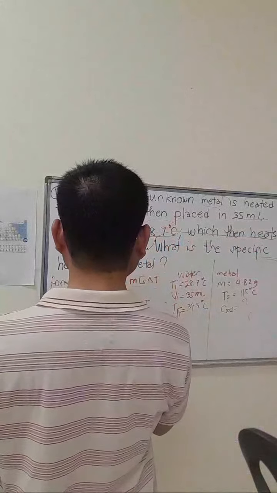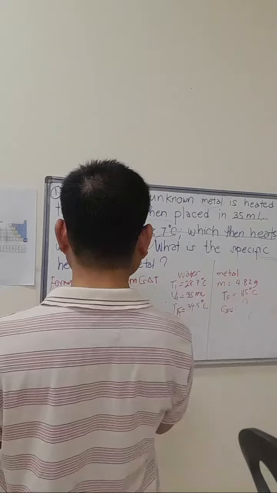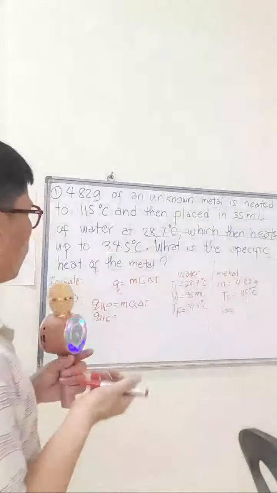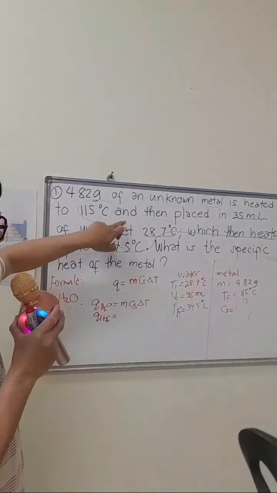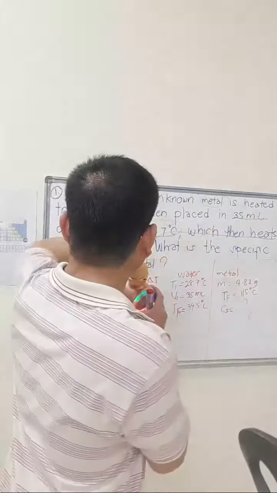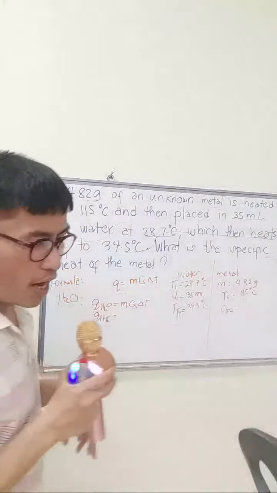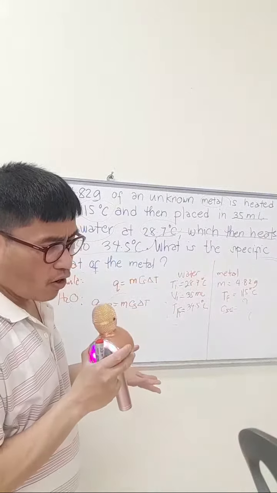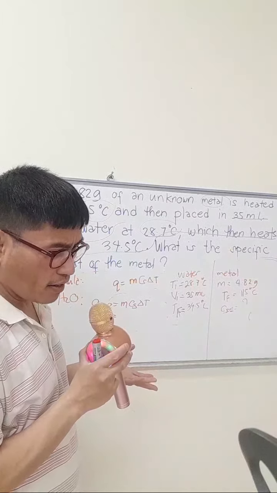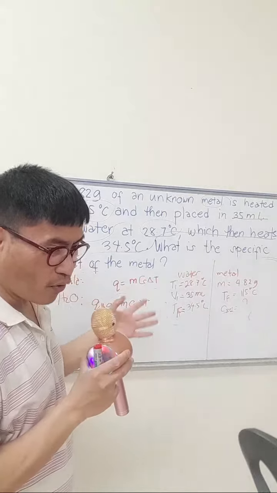So Q of water is equal to the mass of water. How much? Take note here: is there a mass given for the water? For example, here it says place in 35 mL of water, but the volume is given. How can you get the mass of the water if the volume is given? That is the correlation with other formulas, what I mean.